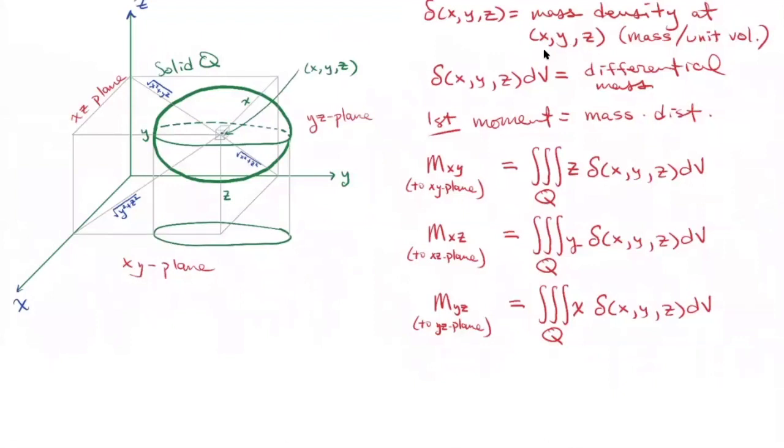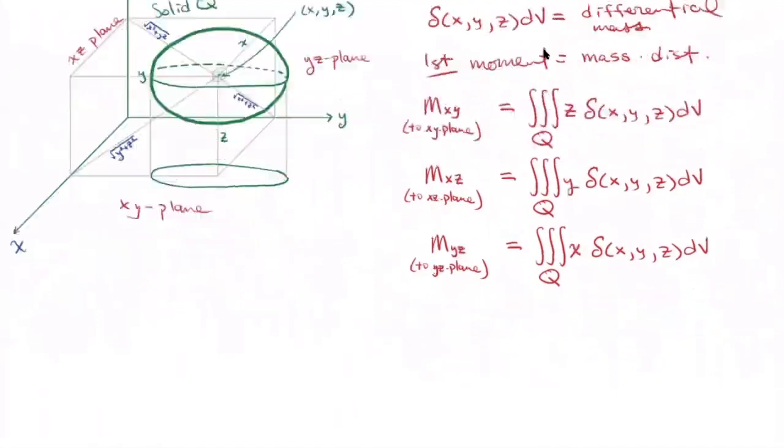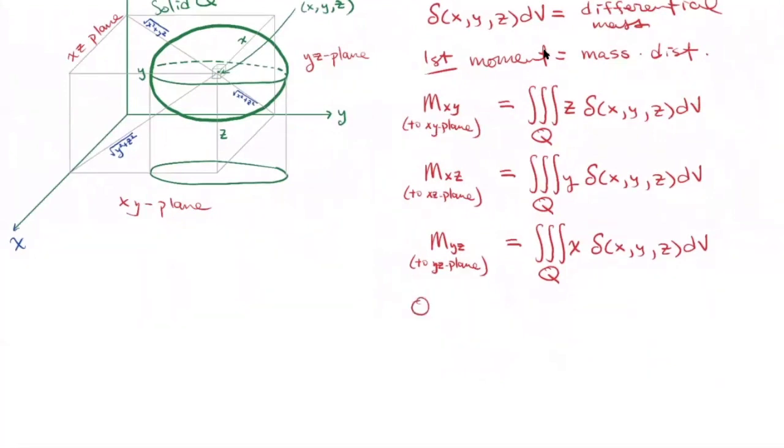To remind you, the 0th moment is mass, and we use just an m for that. So m is the same integral, but there's no distance involved. So integrate over Q, and then just do delta of x, y, z dV.